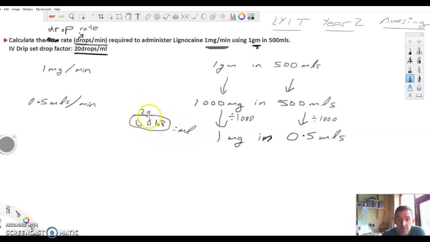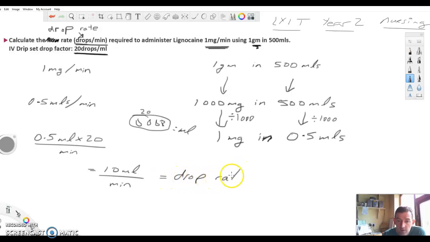Now if we send in 20 drops, we'll be sending in 1 mil, but we want half a mil, 0.5. So it's going to be 10 drops, or another way of doing it is 0.5 mils multiplied by 20 drops per mil per minute.